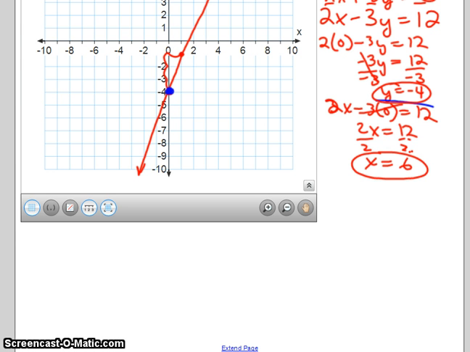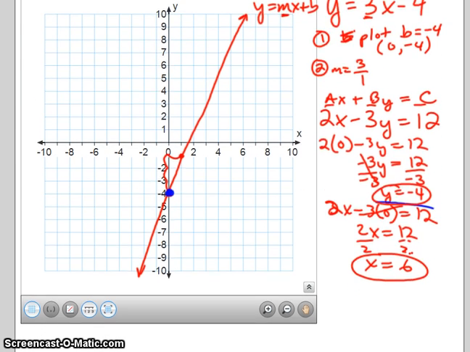So our x-intercept, where the line crosses the x-axis, is at 6. Let me make that blue too. So we have our y-intercept and our x-intercept. Now that we have our 2 points, we can draw a line through them, as straight as possible.